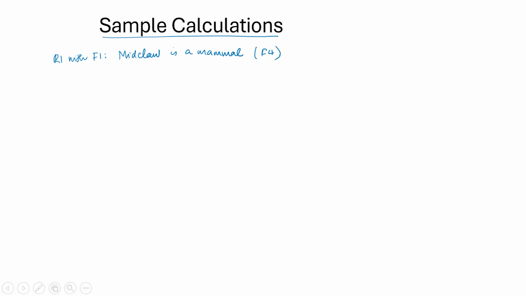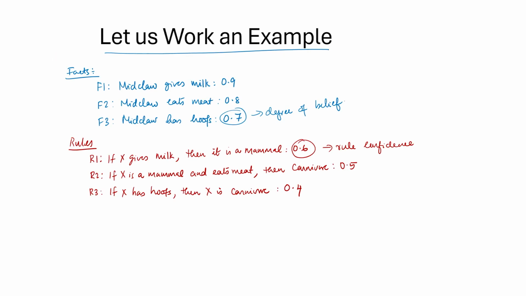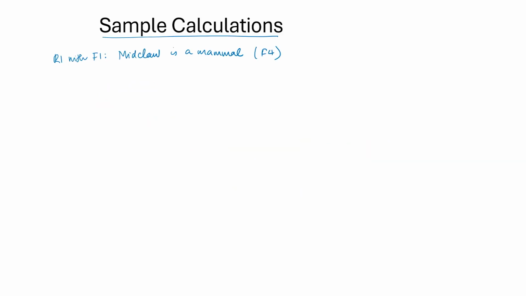How do we get this? R1: if X gives milk, then it is a mammal. So, R1 combined with F1 gives you mid-claw is a mammal. That is F4, R1 with F1. The confidence of F4, CF4, is 0.9 times 0.6, which is equal to 0.54.